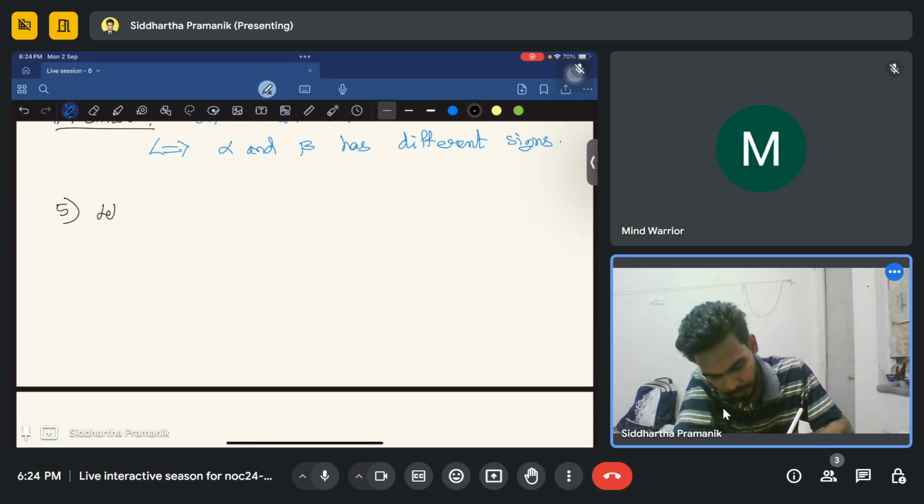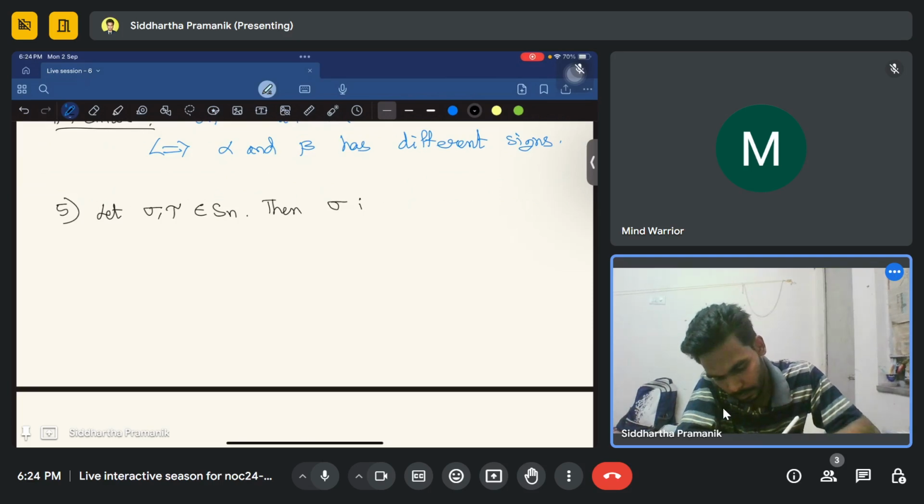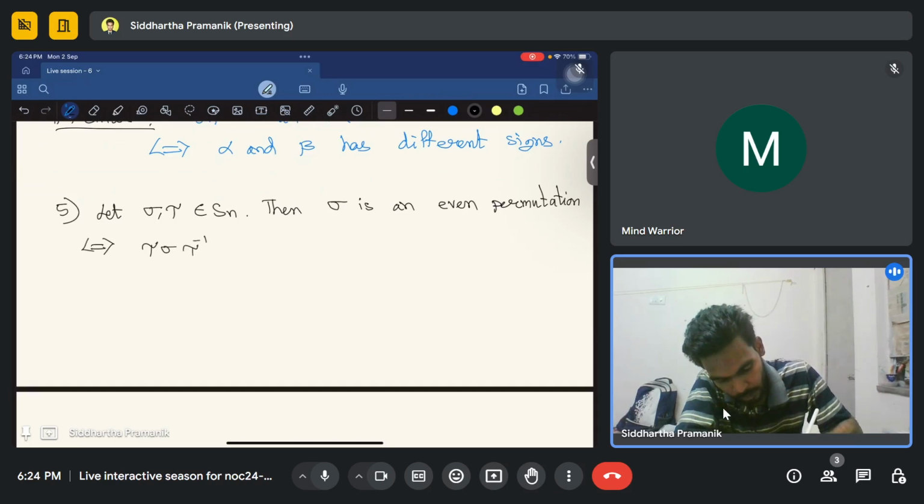Let sigma, tau belong to Sn. Then sigma is an even permutation if and only if tau sigma tau inverse is an even permutation.